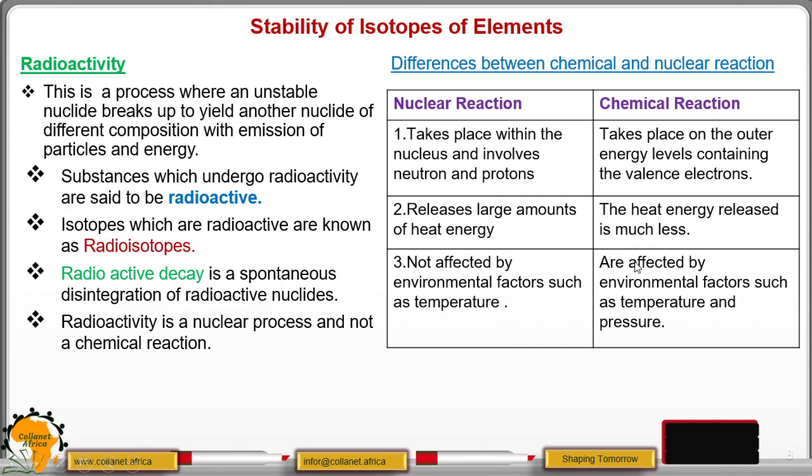But chemical reactions are affected by environmental factors such as temperature and pressure. So those are the 3 differences between chemical reaction and nuclear reaction. Just to remind you that a nuclear reaction originates from the nucleus, while a chemical reaction occurs due to the presence of the valency electrons that are on the energy levels.